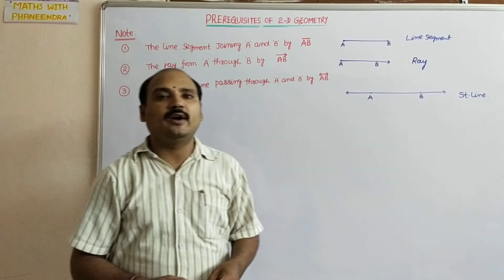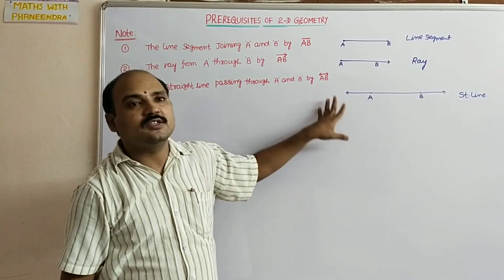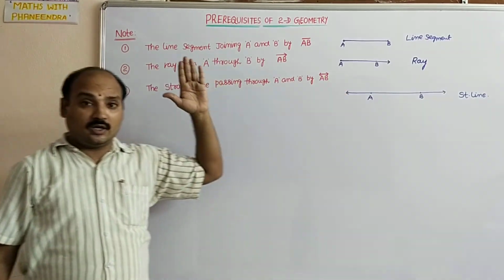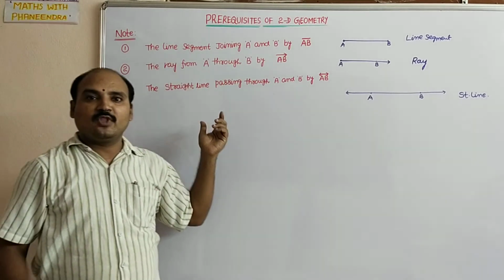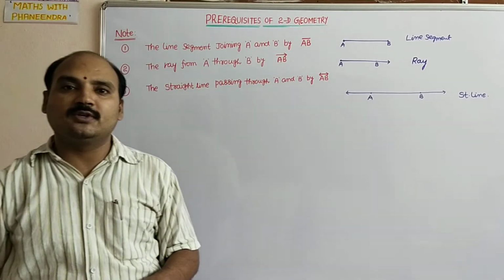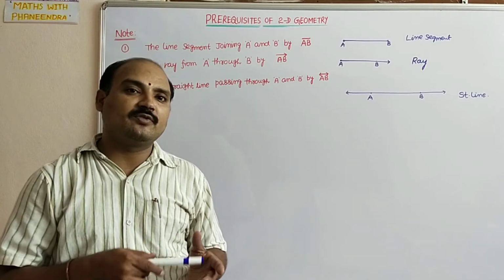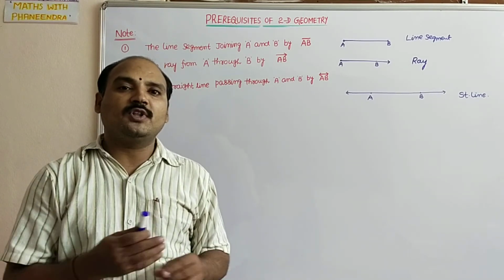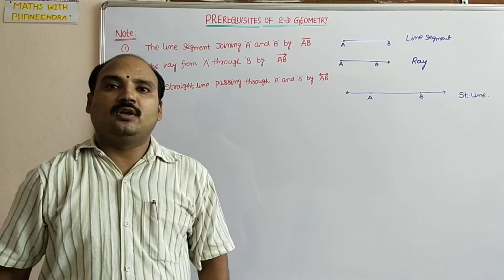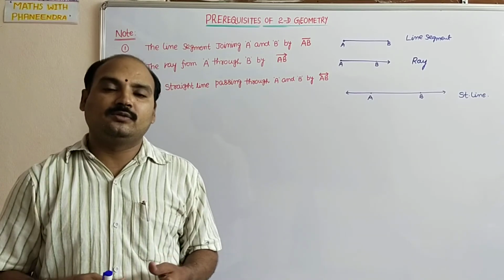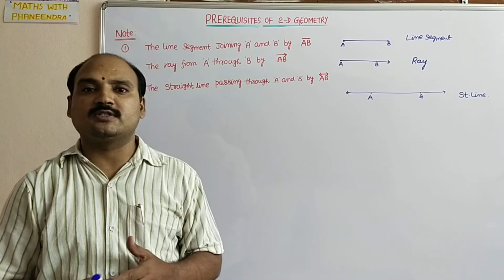This is the difference between a line segment, a ray and a straight line. We have completed points of trisection now. After that we will enter into the area of a triangle and the area of a quadrilateral. Like these concepts we will discuss.